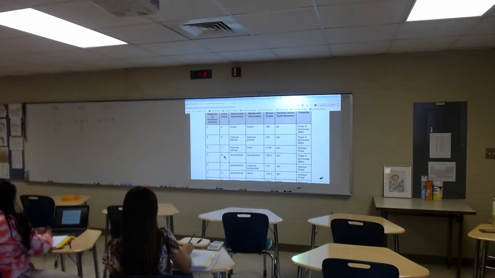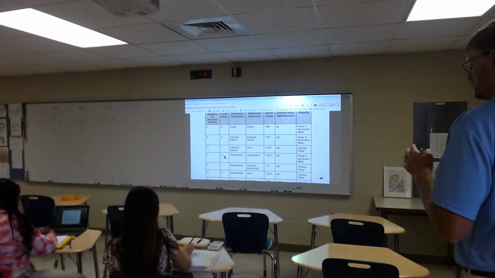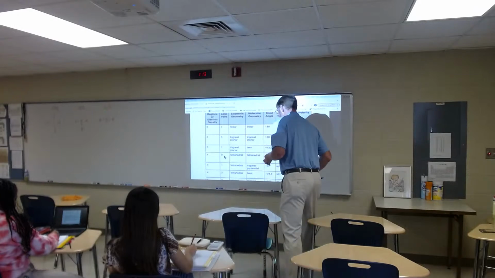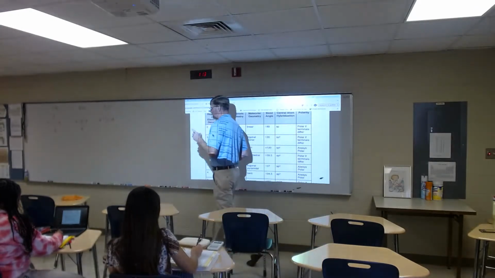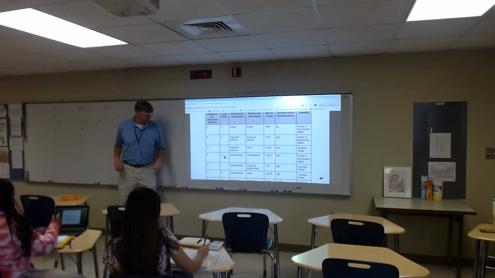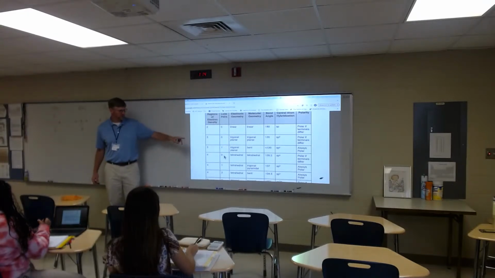Methane has 0 lone pairs, so it is also molecularly tetrahedral. Ammonia has 1 lone pair, so it is molecularly trigonal pyramidal, and water has 2 lone pairs, so it's bent.